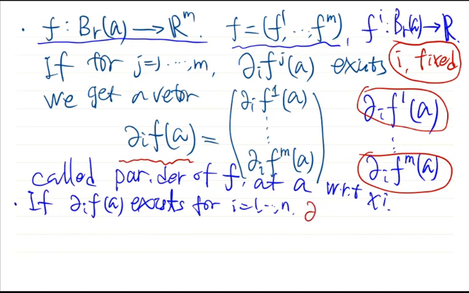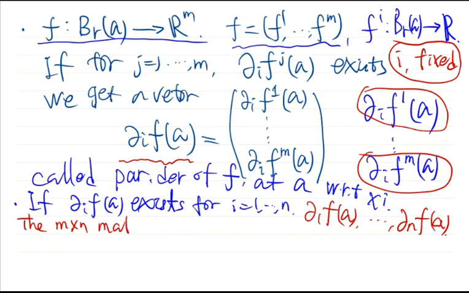They are D_1 f(A) until D_n f(A). These n partial derivatives are all vectors. So we use these vectors as columns to construct a matrix. This matrix is an m by n matrix.